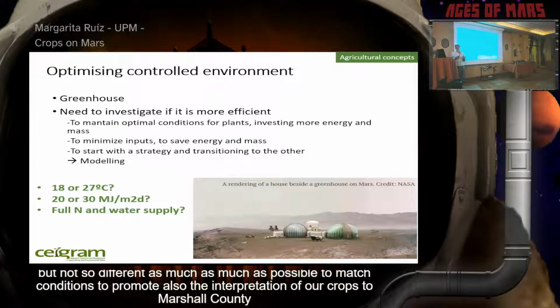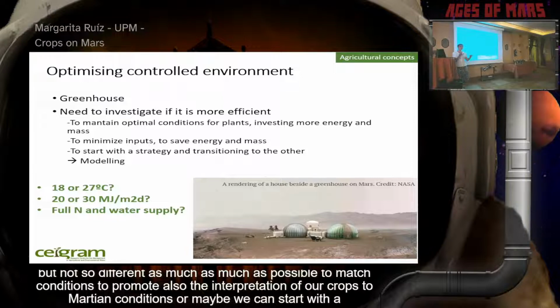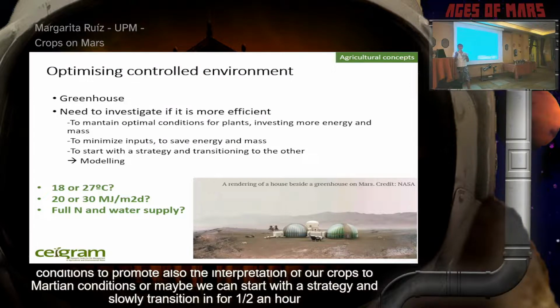Or maybe we can start with one strategy and slowly transition from one to another, or try different combinations.